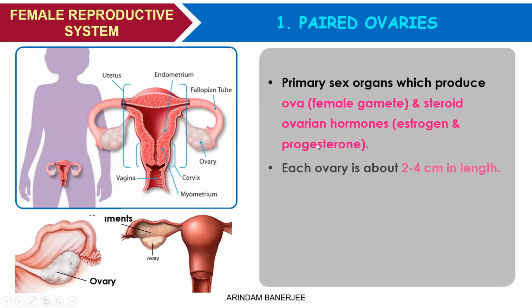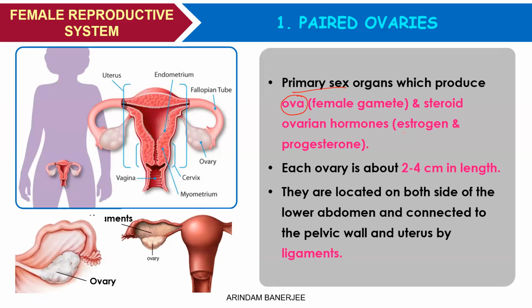In the case of the pair of ovaries, remember, I told you this is the primary sex organ. It produces the ova, and the ovarian hormones, which are known as estrogen and progesterone. Estrogen is produced by the mature Graafian follicle.